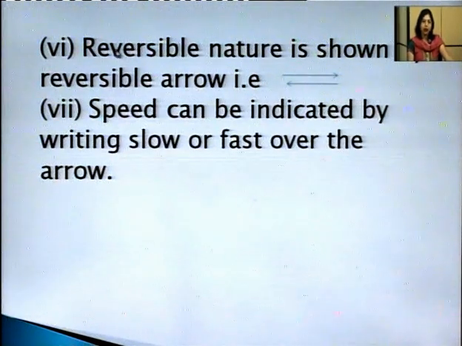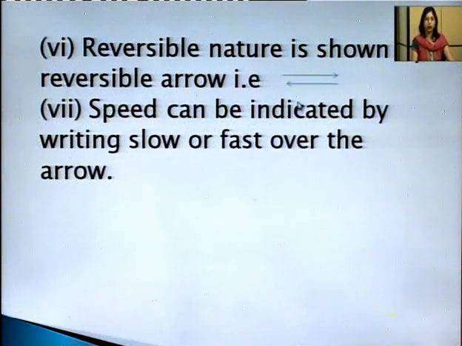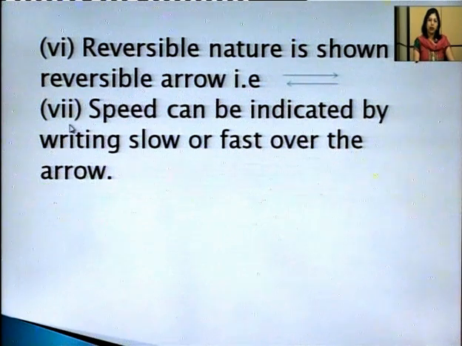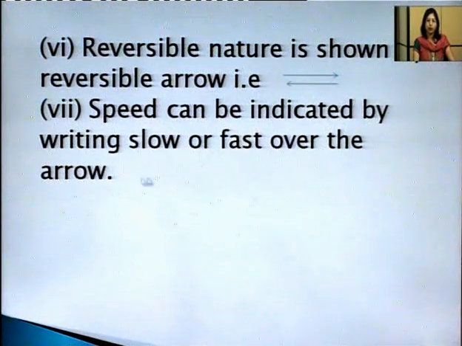If the reaction is reversible, it can be shown by a double-headed arrow, which shows that forward as well as backward reactions are going on. And in the last step, speed is also indicated by writing just slow or fast over the arrow.